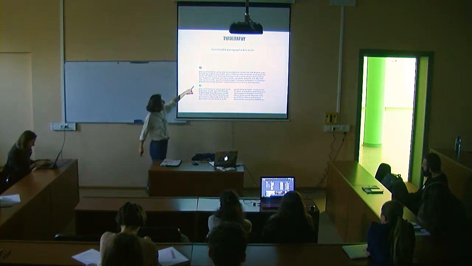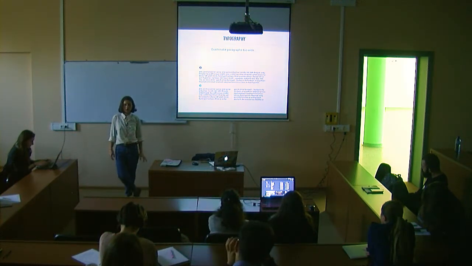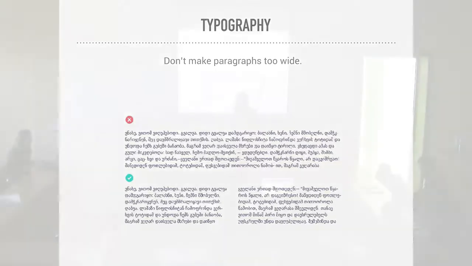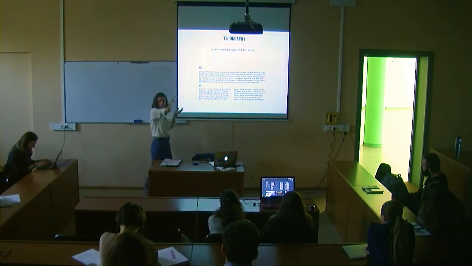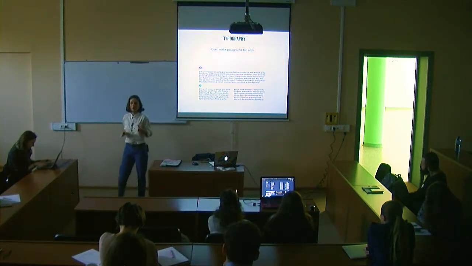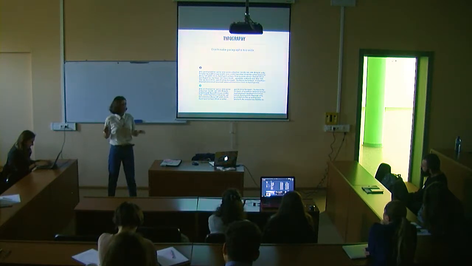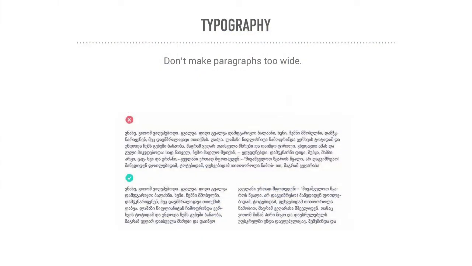Yeah, about paragraphs. It's quite hard to read long text when it's really wide, because when we read something like this and have to break, sometimes we get lost in it. That's why the advice in design is to not make paragraphs too wide, because it's not easy for our eyes to read.